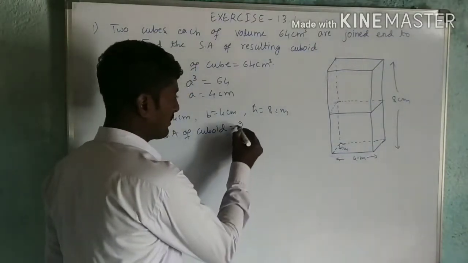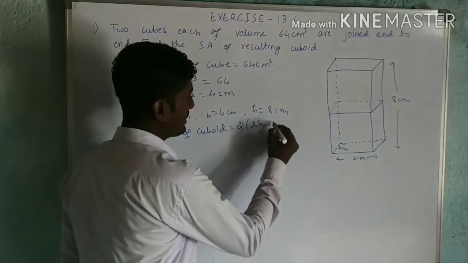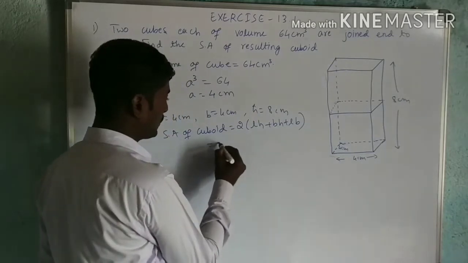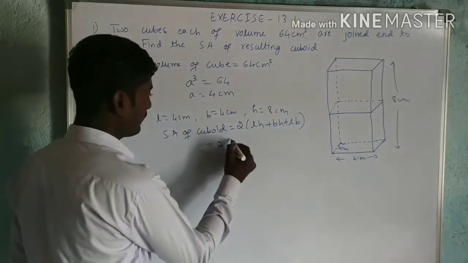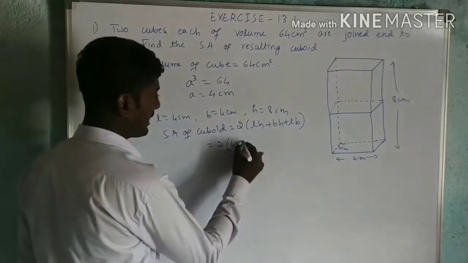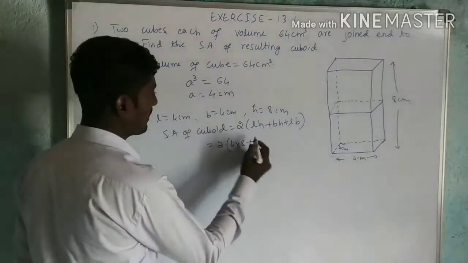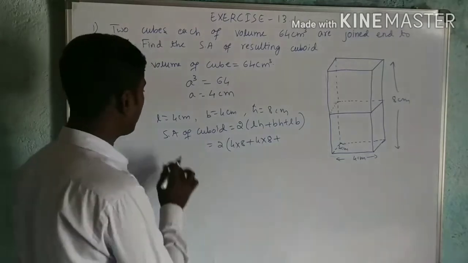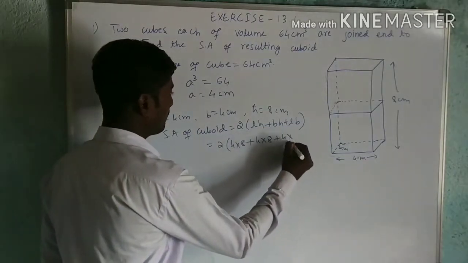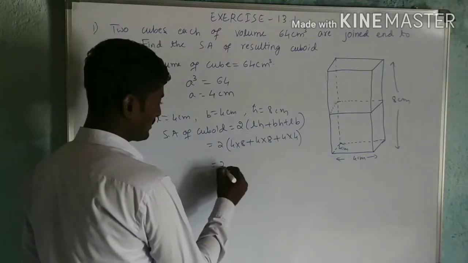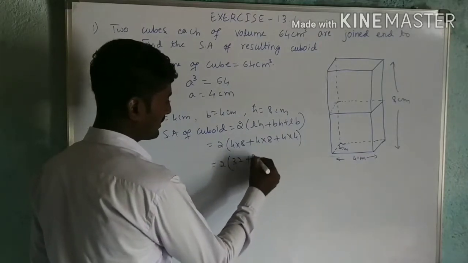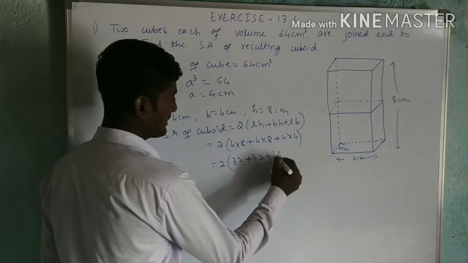So let us write the formula: 2 into LH plus BH plus LB. Substitute the values. 2 into L, 4 into H, 8 plus BH, 4 into 8 plus LB, 4 into B is 4. So this is 2 into 32 plus 32 plus 16.